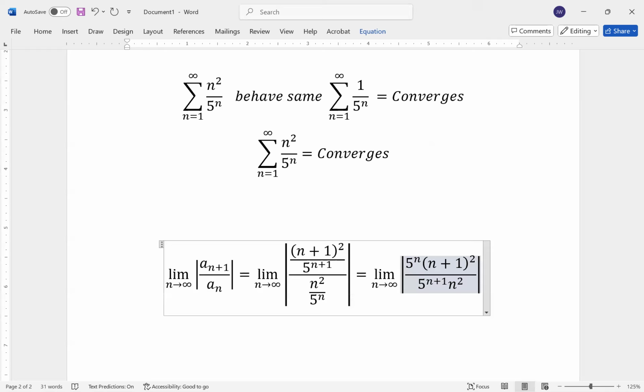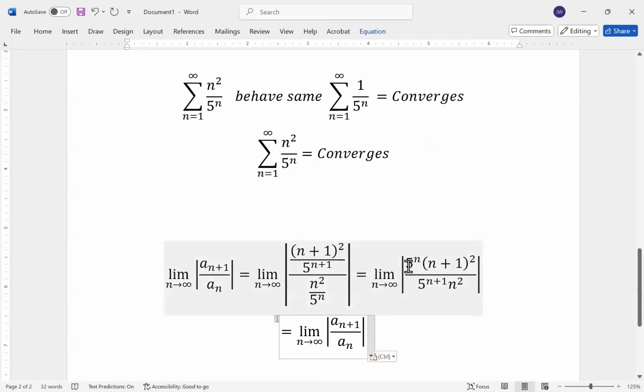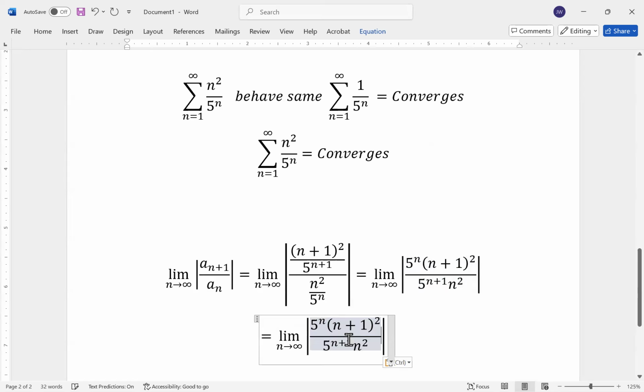I'm going to do kind of 2 steps here. The first step is I will expand n plus 1 squared. If I expand n plus 1 squared, I'm going to get n squared plus 2n plus 1.